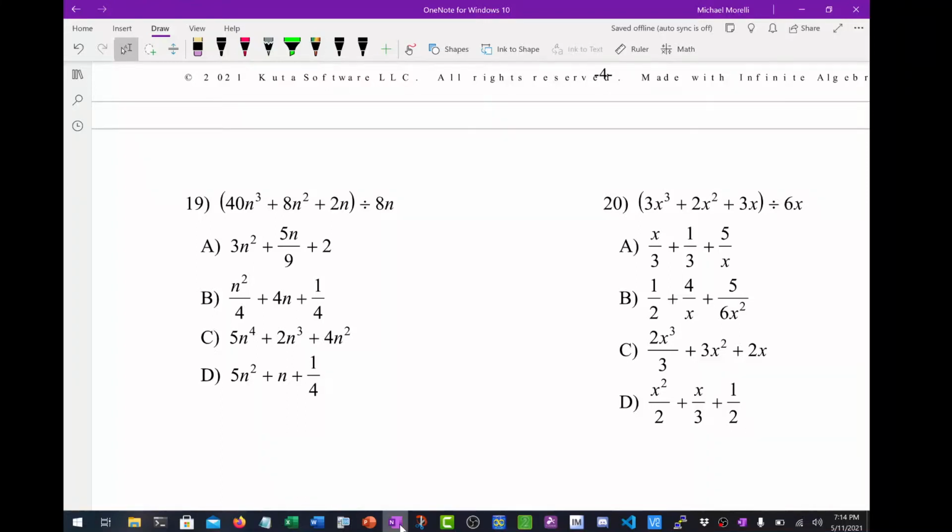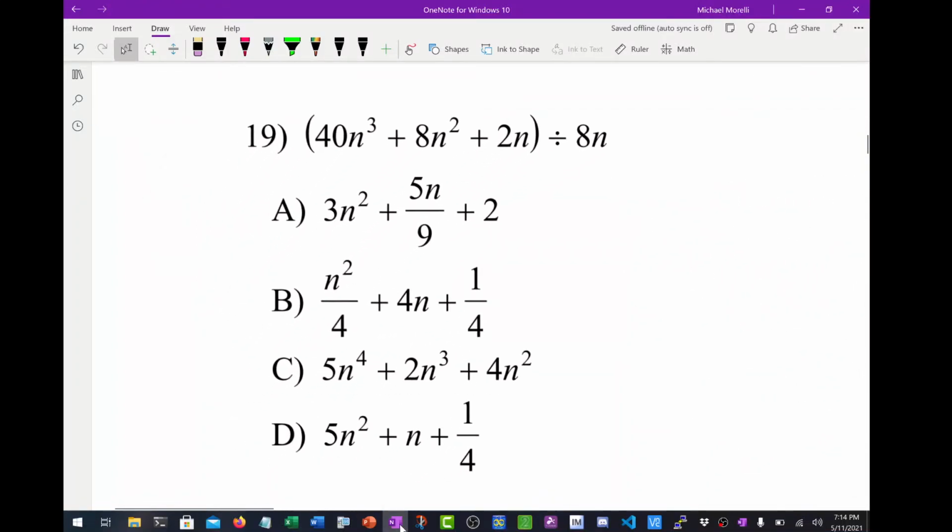Welcome back, ladies and gentlemen, to the final exam review, where we are on question 19 of 100. This problem is a continuation of the previous section where we're dividing a trinomial by a monomial.